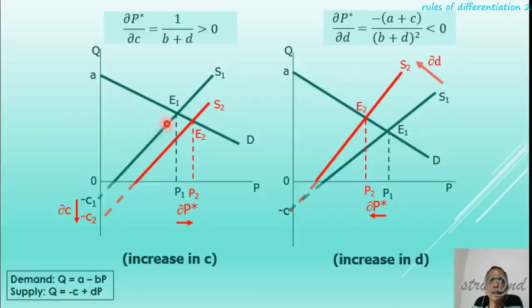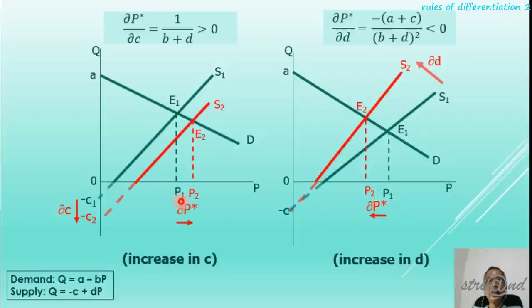This is the initial supply curve. So the initial equilibrium is at E1. When C increases, the vertical intercept will move from minus C1 to minus C2 because C increases. So the supply curve will move from S1 to S2 here. And then the equilibrium point will move from E1 to E2.